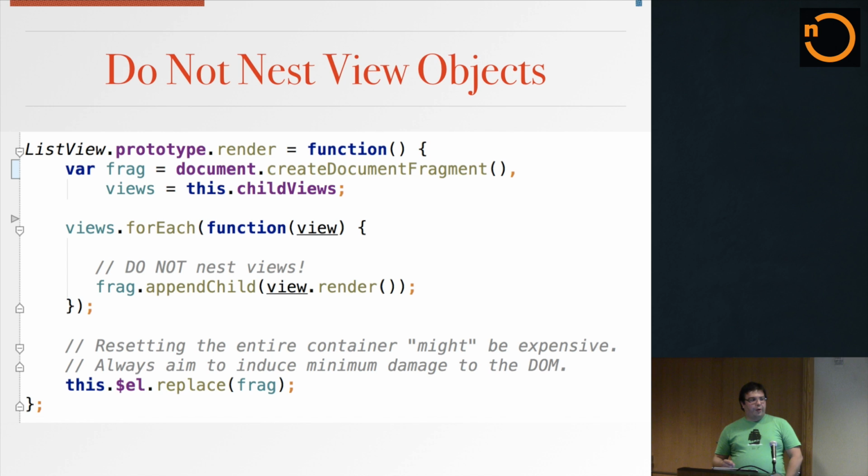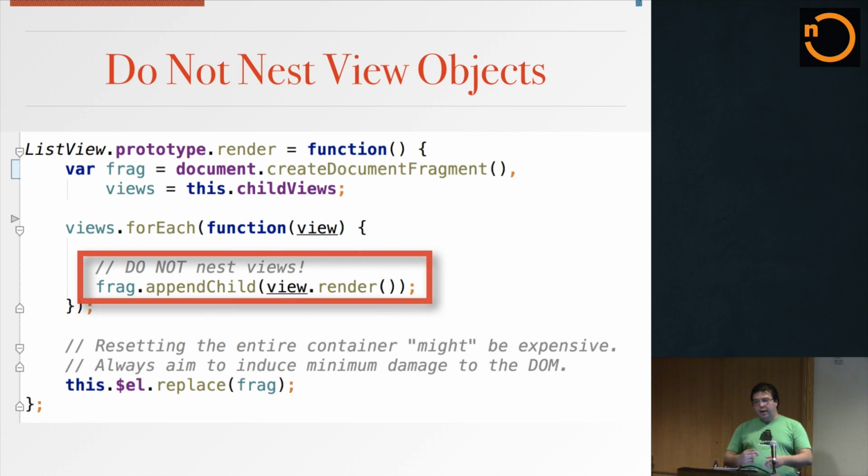And the other thing that we were discussing is not to nest Vue objects, and we are seeing an anti-pattern that does it in this example. So here, we are appending a child node to a document fragment by calling a render method of a Vue object, basically. And the only purpose of this Vue object is just to create an HTML chunk and append to a DOM fragment.